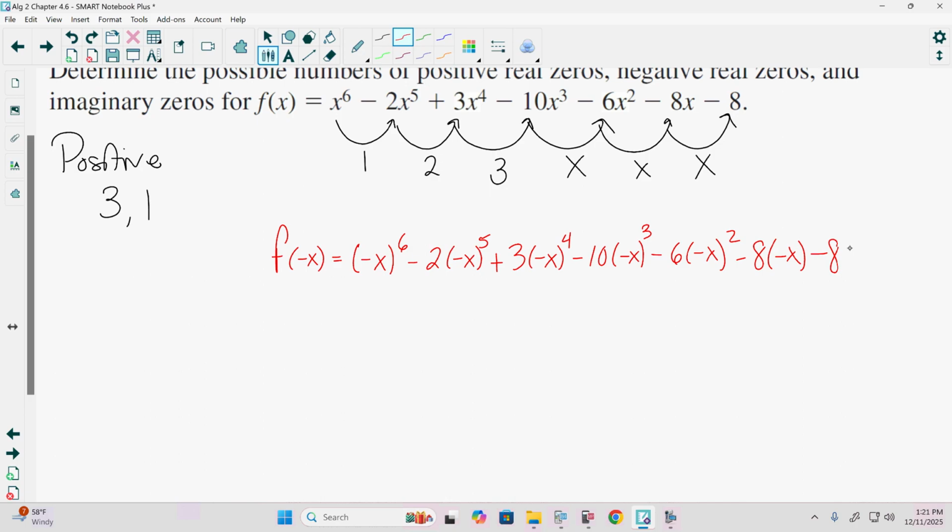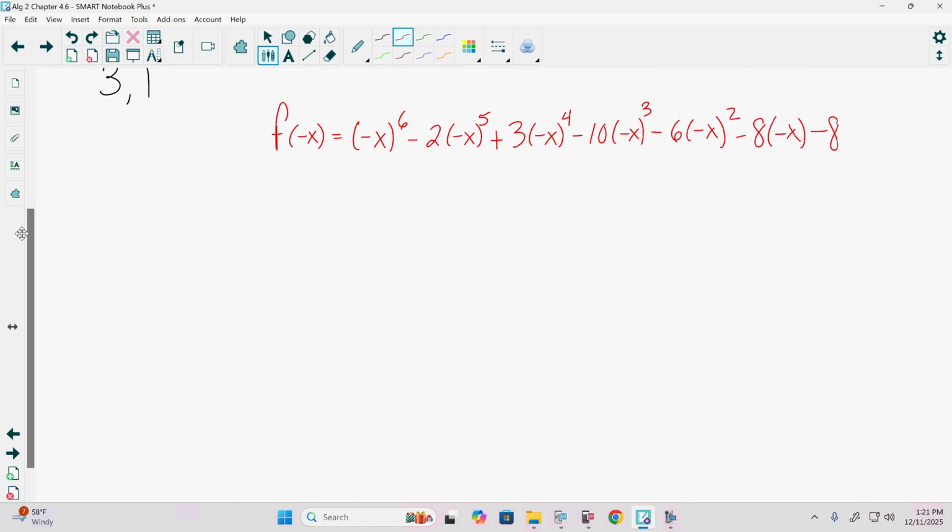So the first thing we have to do is replace every x in f of x with negative x. We are going to have to simplify all this down because we can't just leave it as negative x inside those parentheses, because we need to see how the sign's changing and then count our sign changes.